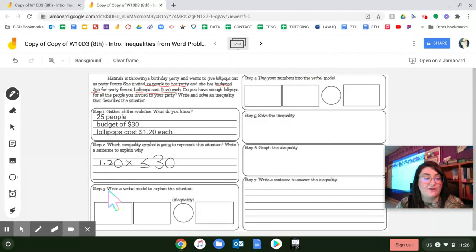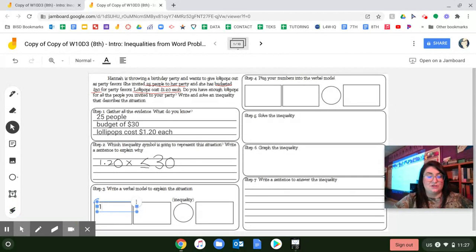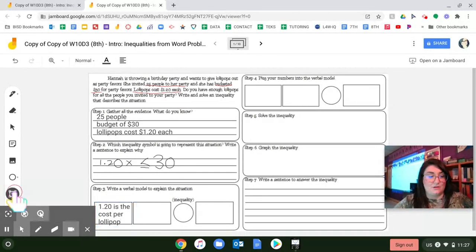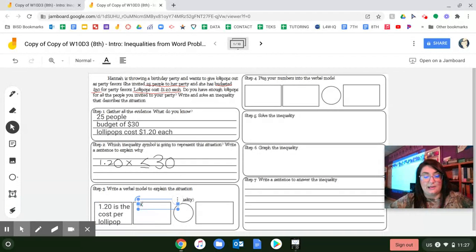Now, we already described this verbal model. Basically, 1.20 is the cost per lollipop, and x is the number of lollipops.